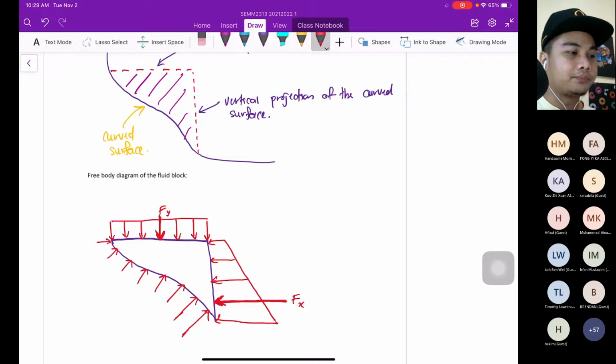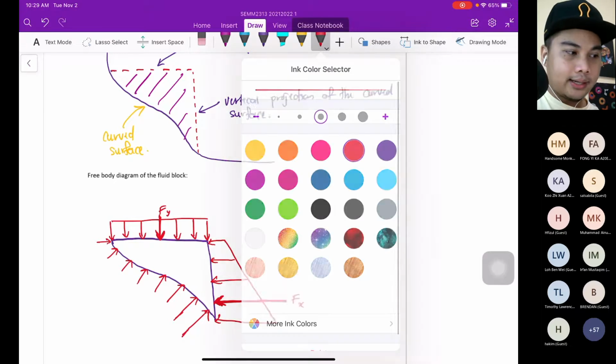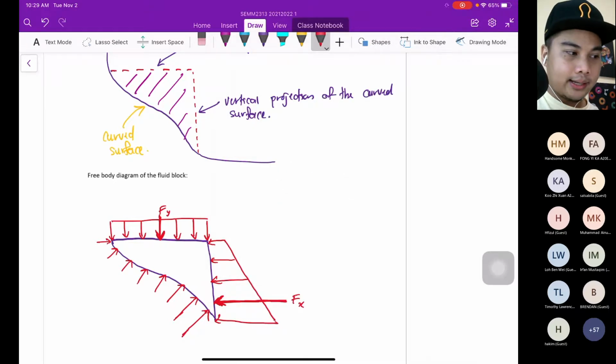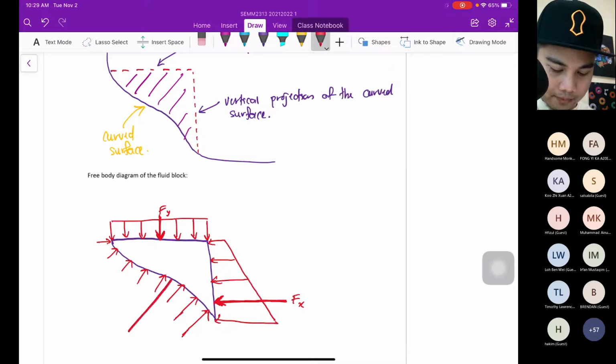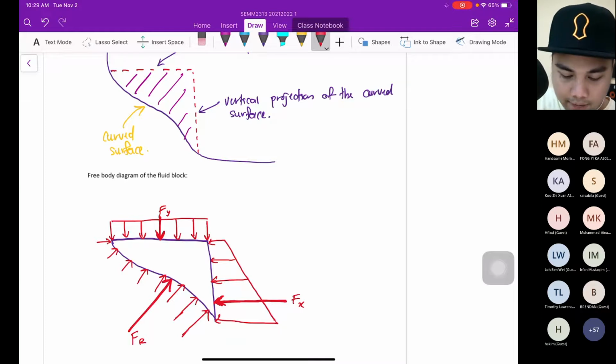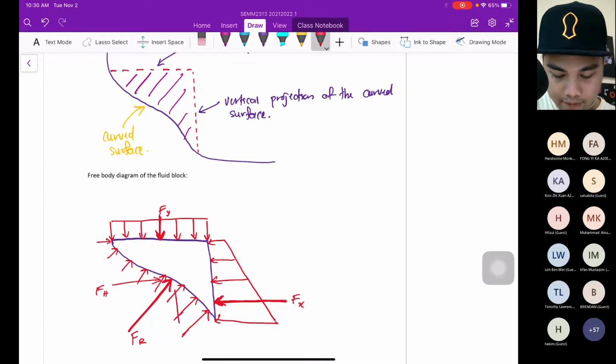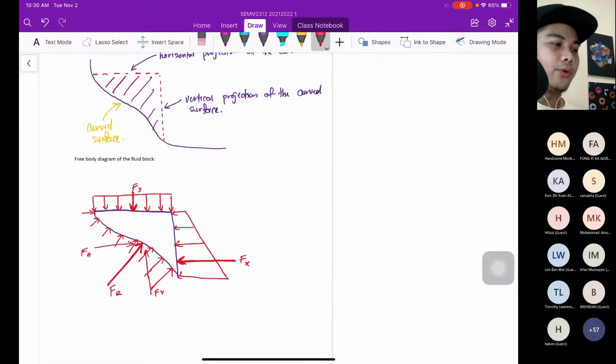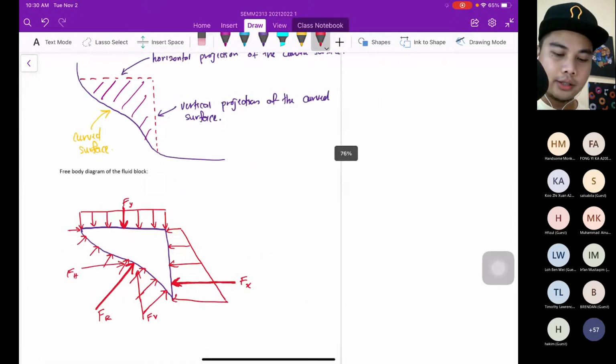acting perpendicular. So from here, based on the incline of forces, we assign here as resultant force. This is F R. Definitely, we gonna have the F H and F V, in Y component and X component.